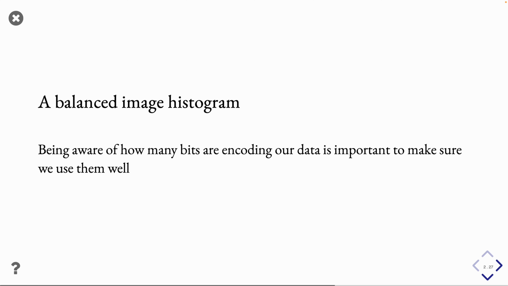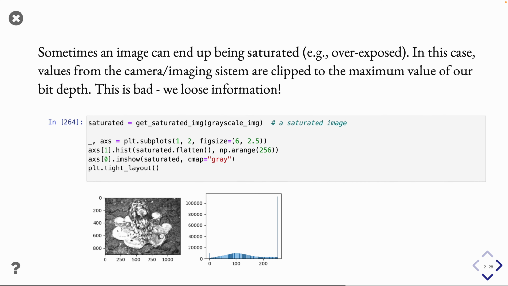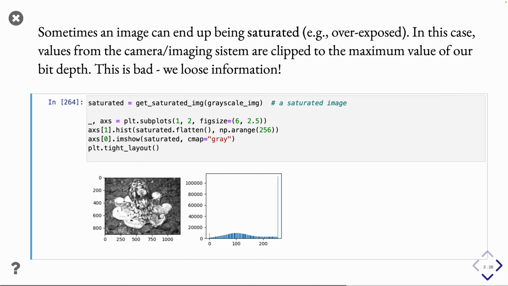You always need to keep a balanced image histogram. You have to be aware of how many bits you have, and make sure that you use all of them. For example, a common problem, also if you just take pictures with your phone, is that sometimes the picture ends up being saturated.